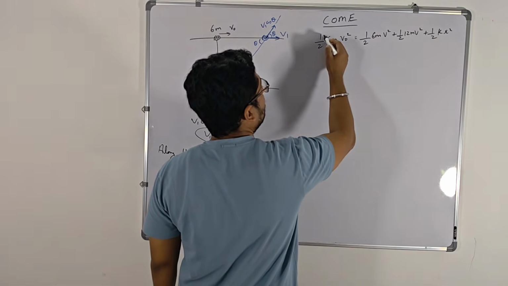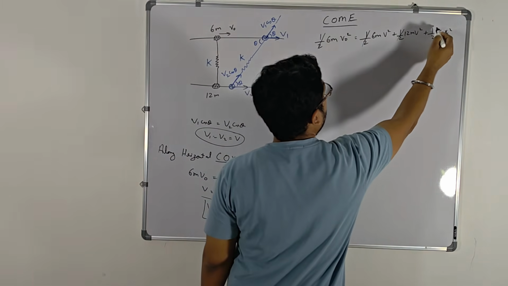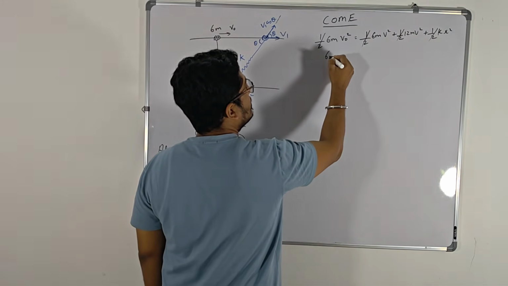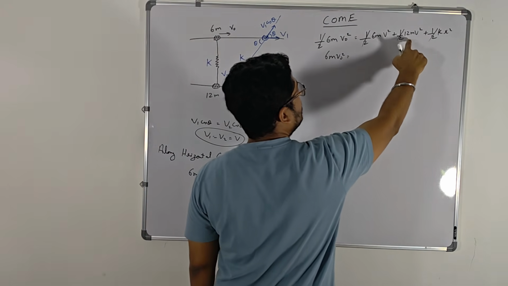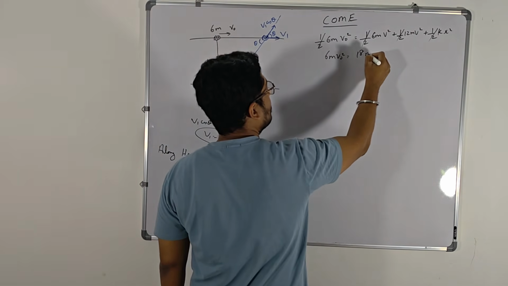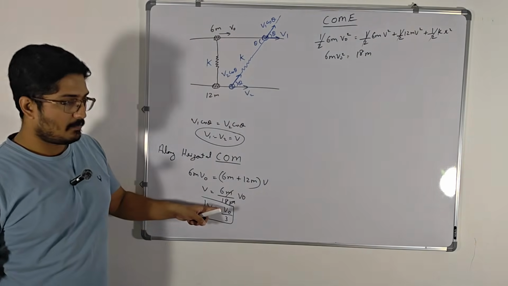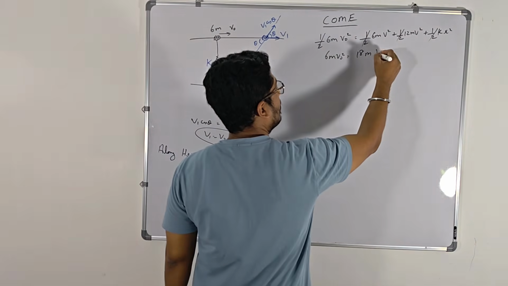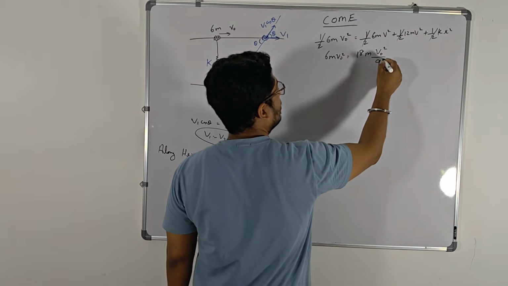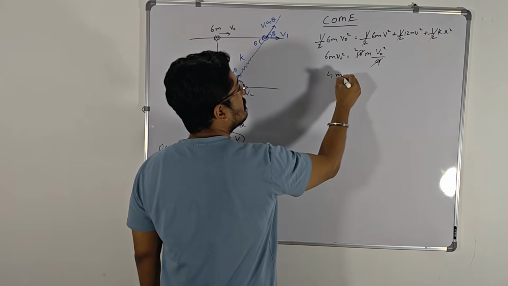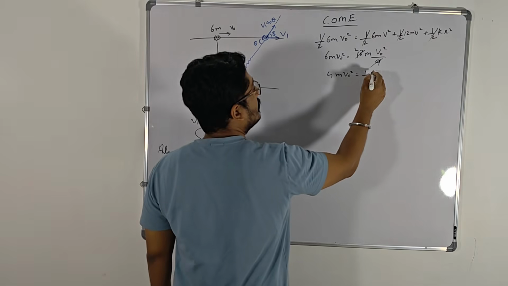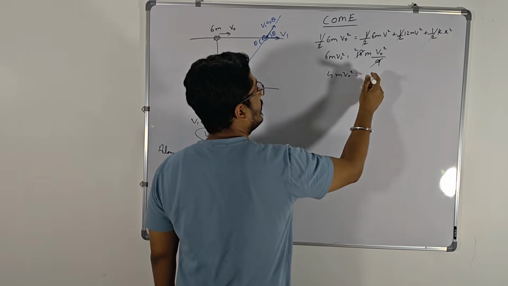So from here, first of all, we can remove all the halves. This is basically 6m v naught square equal to 6m v square plus 12m v square, which is 18m v square, where v is v naught by 3. So I can write it as v naught square by 9, which will give me 2 times m, which can come here and become 4 times m v naught square equal to k x square.